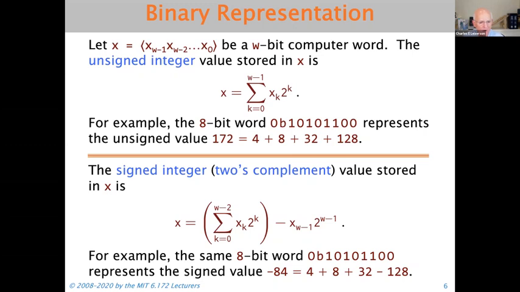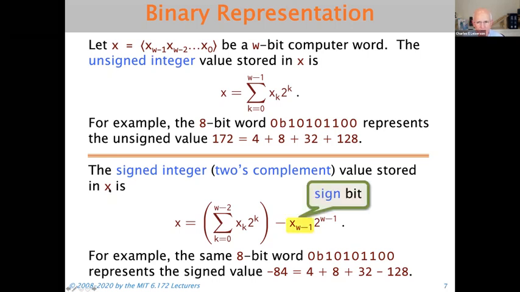So whether the word 0b10101100 represents 172, which is a number I'm particularly fond of, or minus 84 depends on whether you're interpreting it as a signed or unsigned number. So this bit is the sign bit.